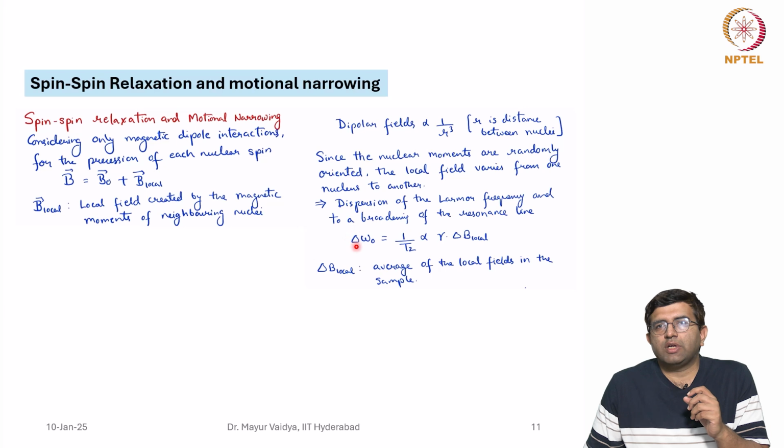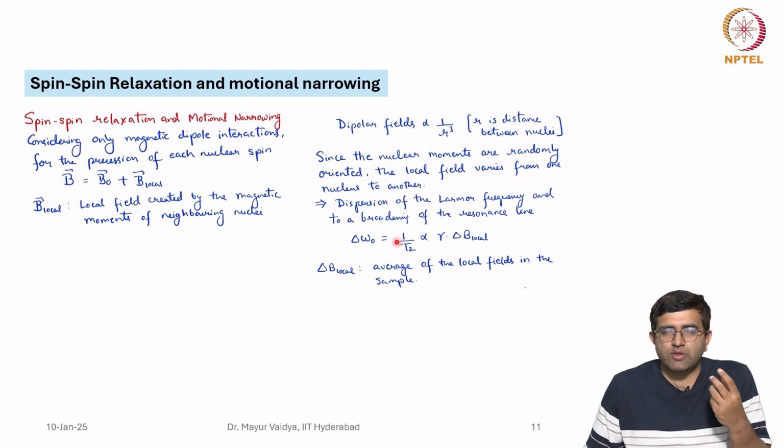So you have delta omega equal to 1 by T2, which is proportional to gamma into delta B local. So the resonance line is broadened because you have this delta B local, which is the average of the local fields in the sample.